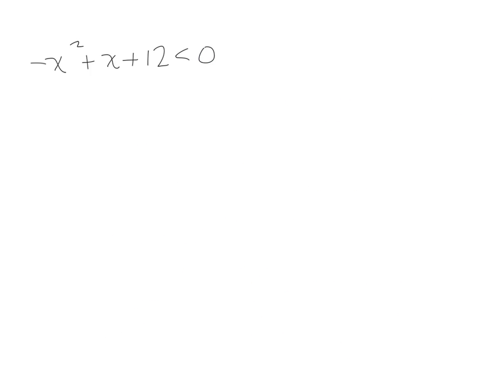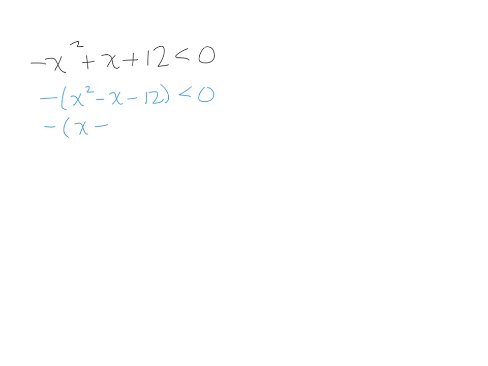Okay, here's one more. Negative x squared plus x plus 12 is less than 0. So first thing we're going to do again is solve the related equation. So I'm actually going to factor the negative out of this one. I don't like that negative there. So I'll go negative x squared minus x minus 12, and then factor what's left there.